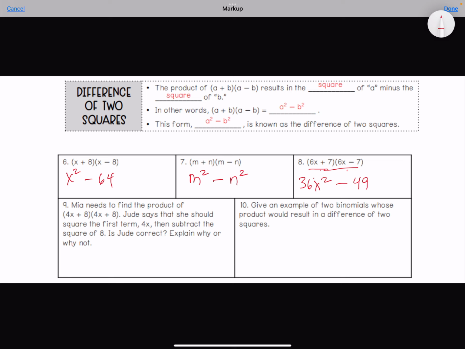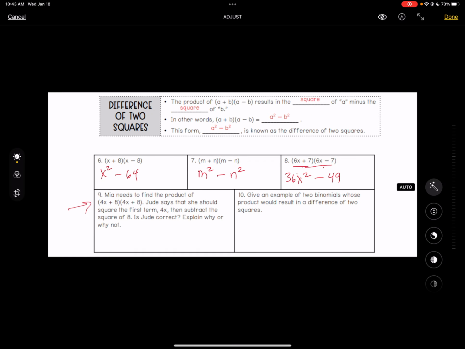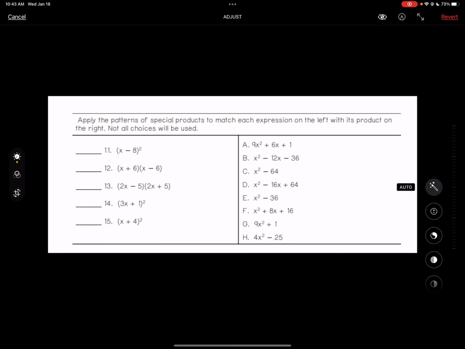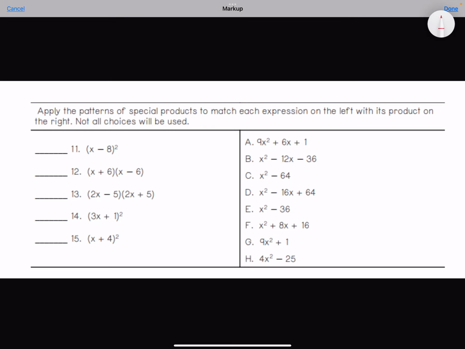Okay, and then number 9: is this a perfect square? Are they identical twins, or are they fraternal? That's what they're asking there. Is she correct? The last part here is being able to identify which is which, being able to identify what special product this is.